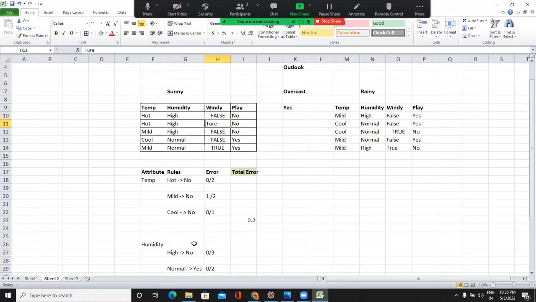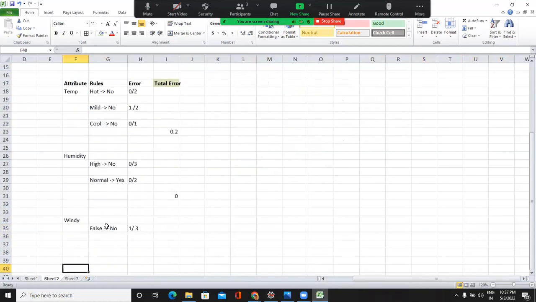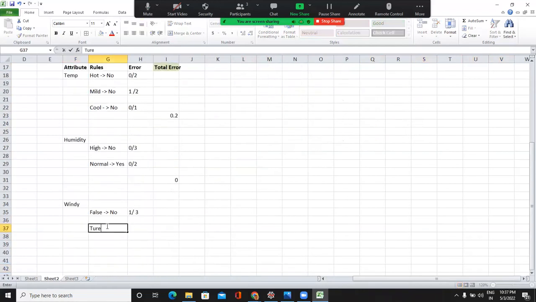It is true. So true as no we will take. True as no if we take, we will not be committing any error. So it will be 0 by 1. Did we make any error?